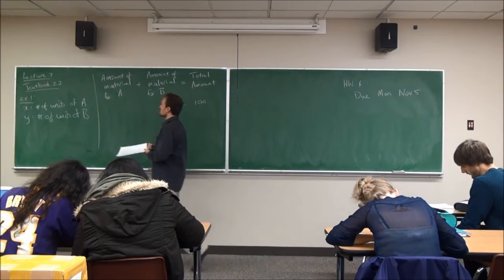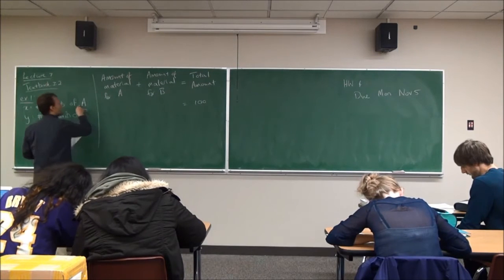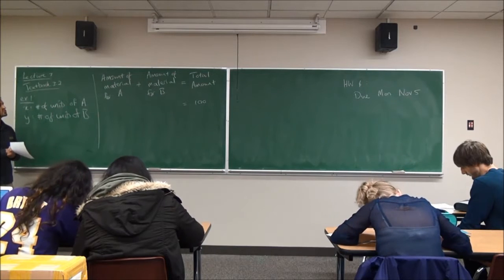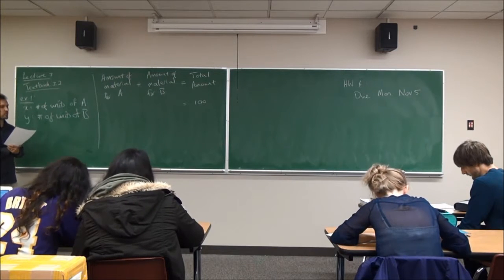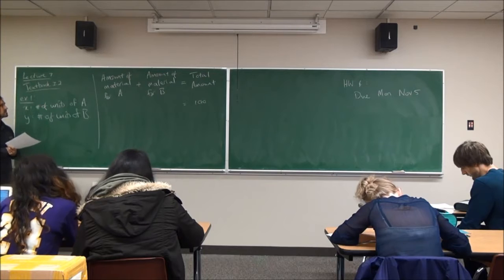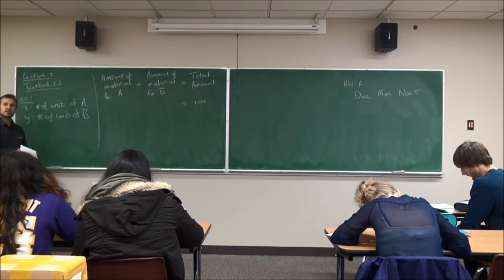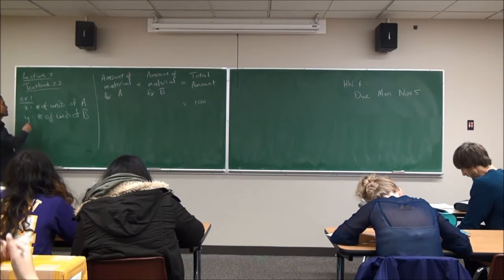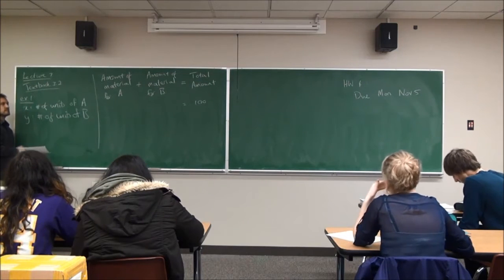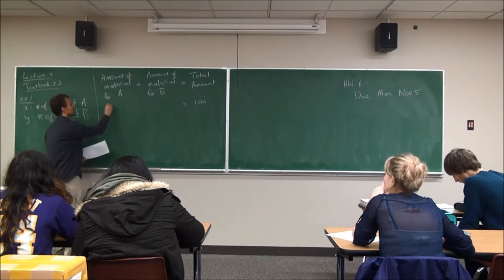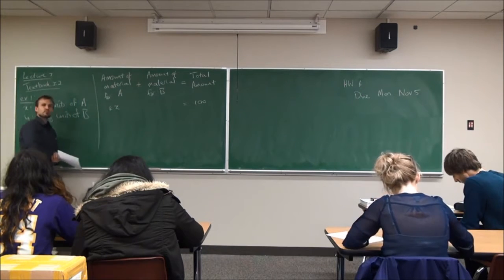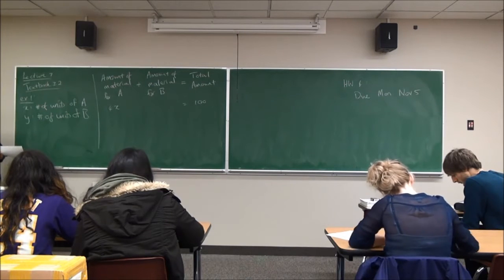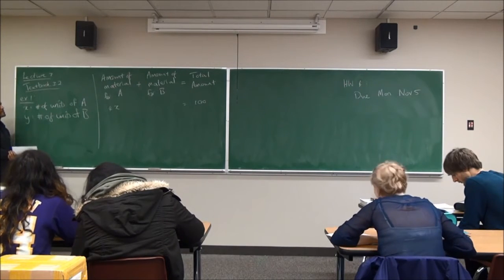If I produce X units of A, how much material did I use? If I use 4 pounds for every one of type A, how much material did I use to make X of them? For X, everyone happy with the 4X? What about the amount of material for B?